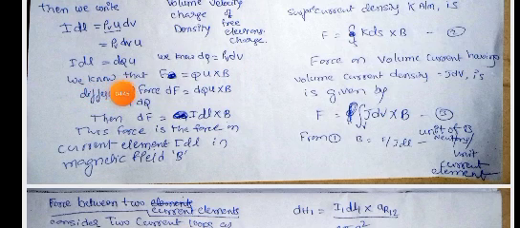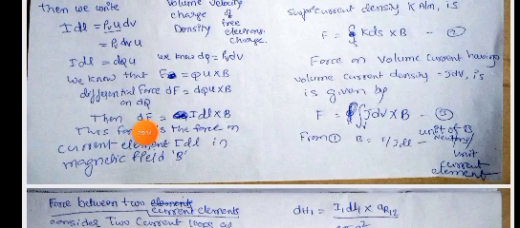We know that F is equal to Q u cross B, the force exerted on charged particle Q. So the differential force exerted on the differential charge dQ is dF equal to dQ u cross B. So this is the differential force on differential charge dQ, right?